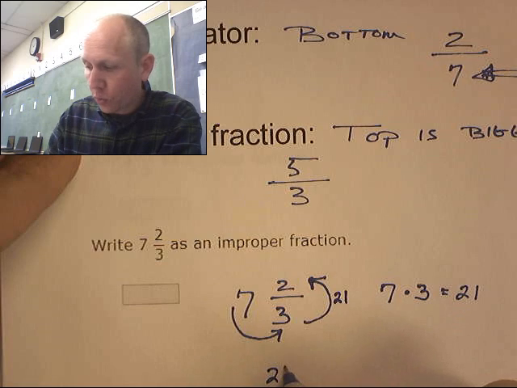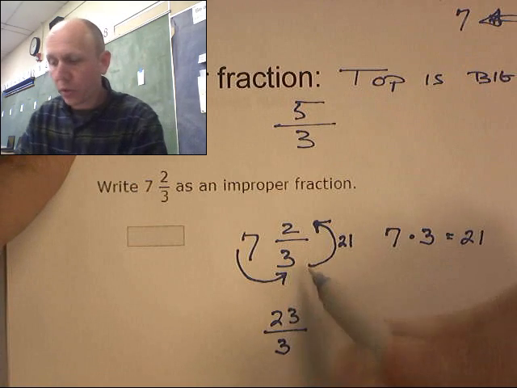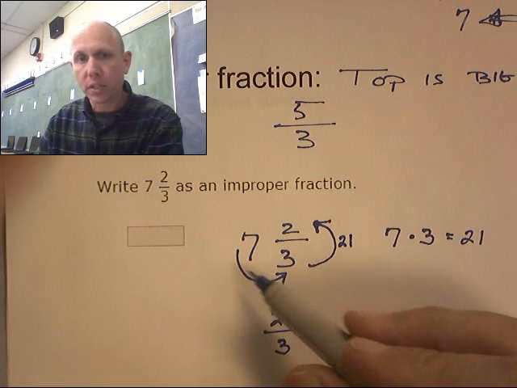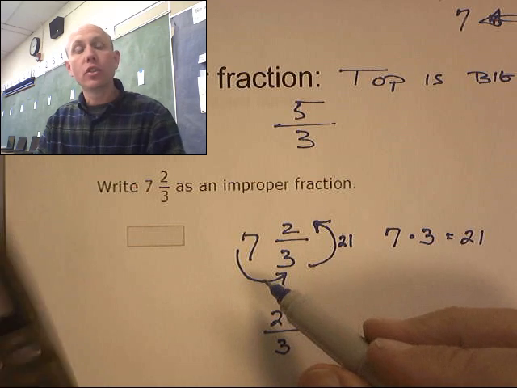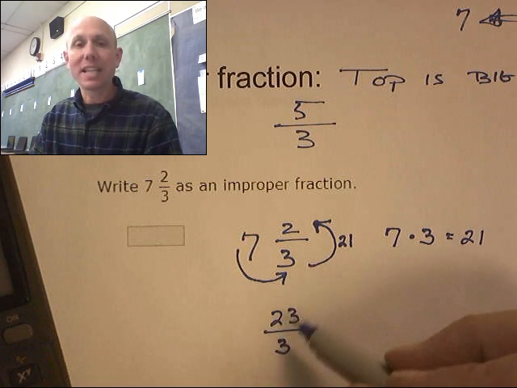So I have 23 divided by 3. This is 23/3. 23/3 is the same thing as 7 2/3.